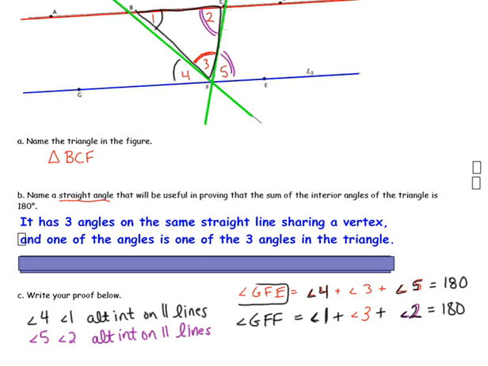This angle equals 180 degrees. These three angles add up to 180 degrees. These three angles also add up to 180 degrees. This is using substitution to prove this theorem.